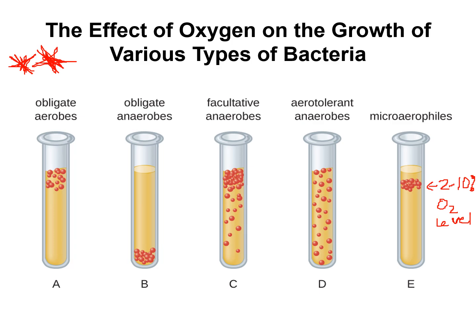So they're just going to grow a little bit below the surface where oxygen levels are lower, because at the surface, that's where you've got the 21% oxygen level. And that's actually too high for them, and that actually would kill them. So they don't want too much oxygen, they want just a little bit. So those would be your microaerophiles.